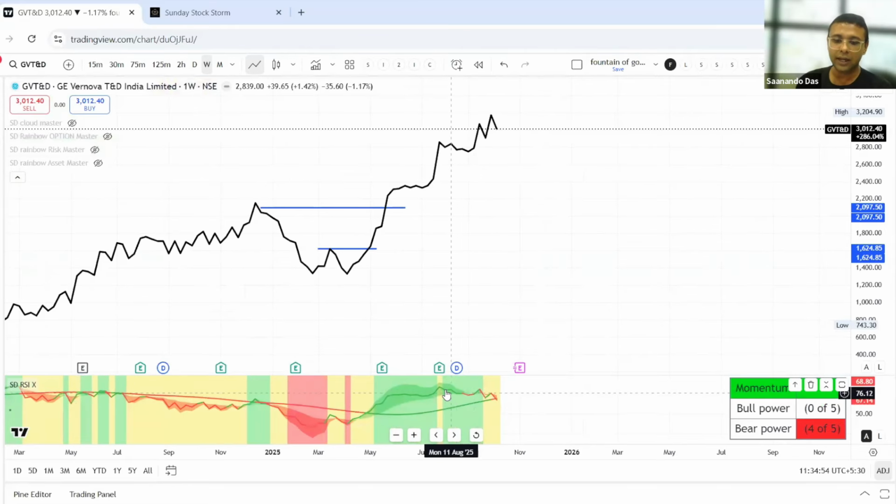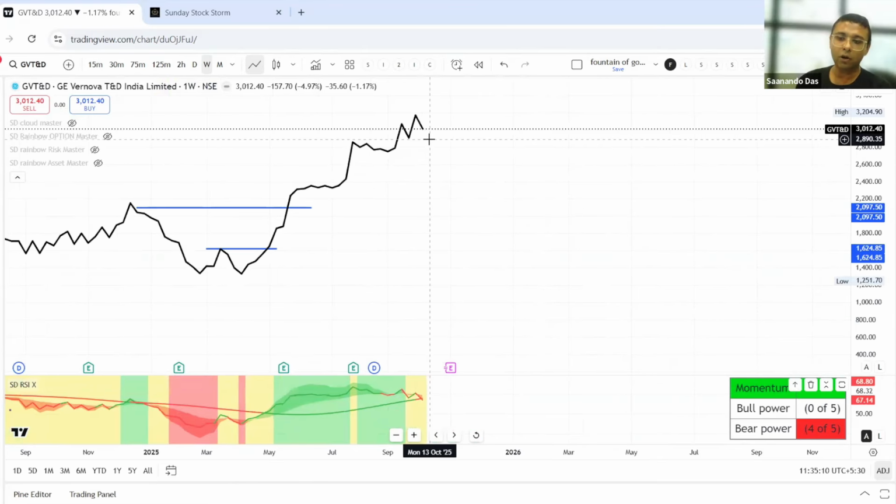But at the same time, note one thing: here in the lower segment, the momentum is fading. The stock could be once again under distribution or the consolidation phase. You can put a stop loss around this area, 2890. If it breaks, you can see some significant correction in GVT and D.